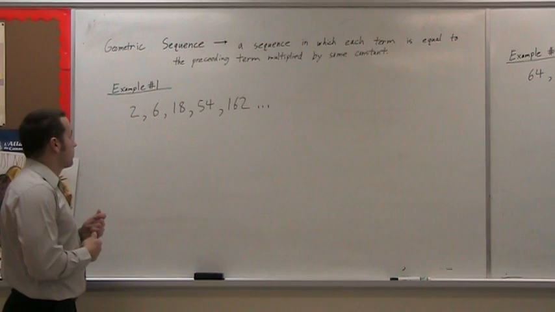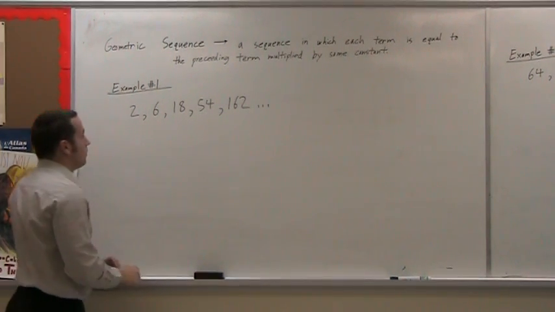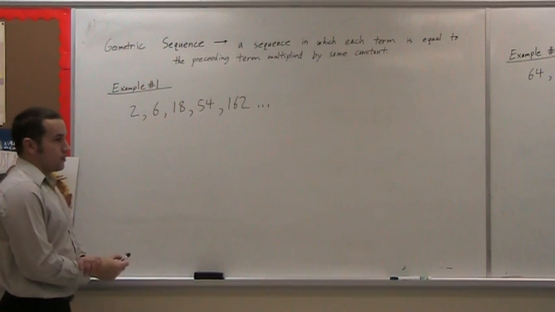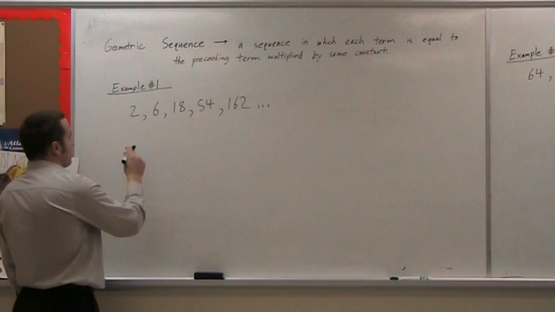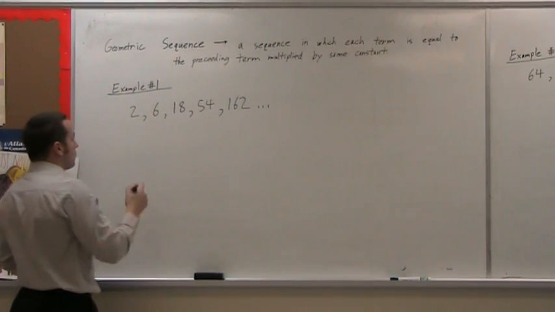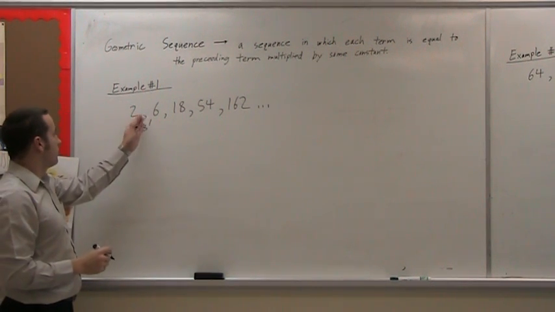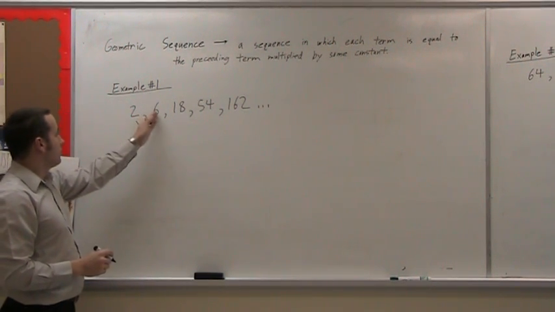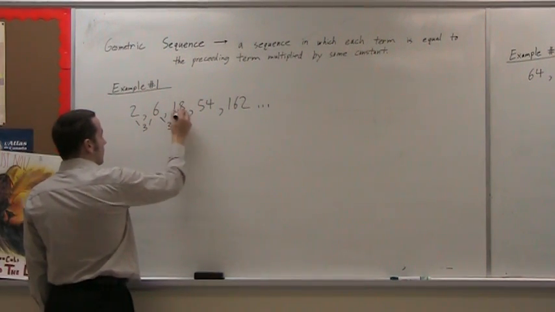So let's take a look at this first example that I have: 2, 6, 18, 54, 162. It might be fairly obvious, but if not, you can figure out that 6 divided by 2 gives you 3. So in order to get 6, I'd multiply 2 by 3. If you multiply 6 by 3, again, you get 18.